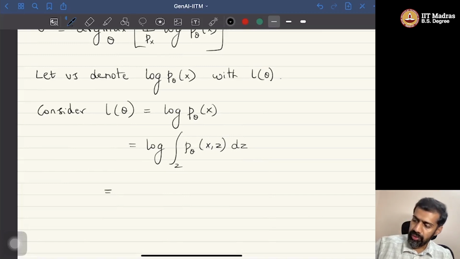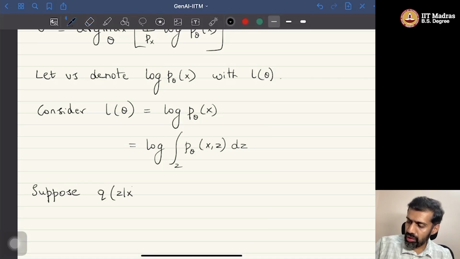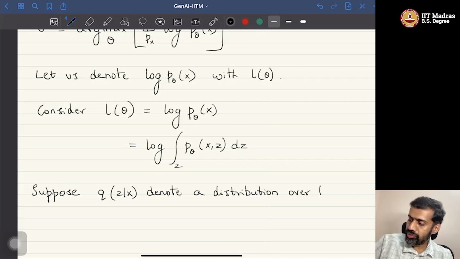Now suppose q of z given x denotes a distribution over the latent variable z.